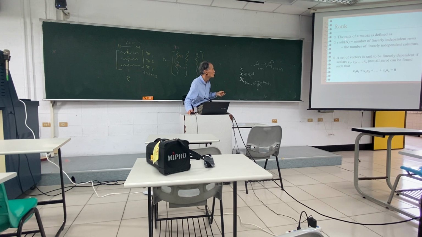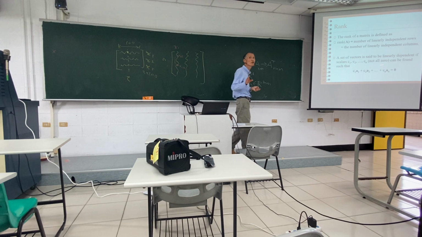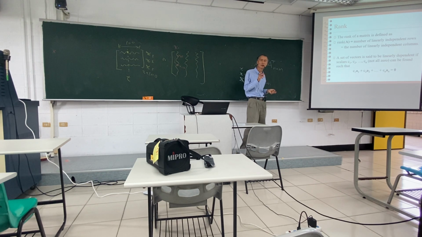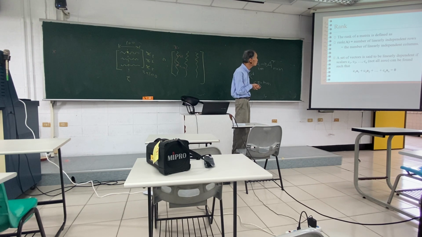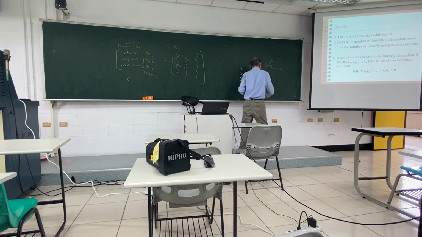Now we talk about the rank, because it's very important when we talk about a lot of algorithms. The rank will be equal to the number of linearly independent rows. So what does it mean?